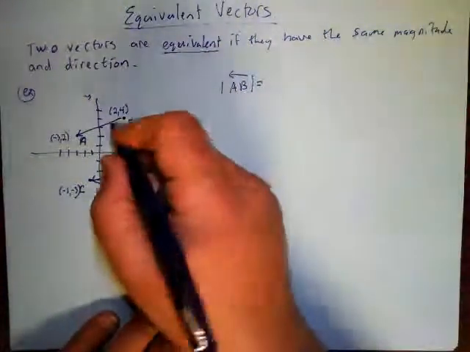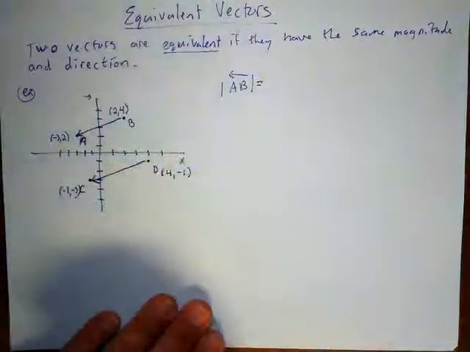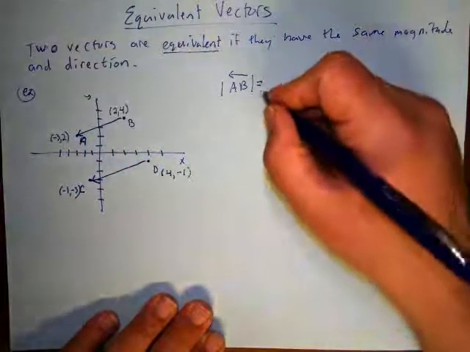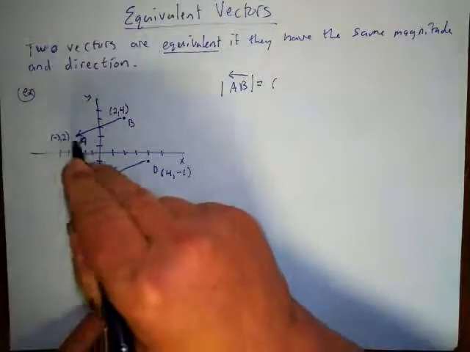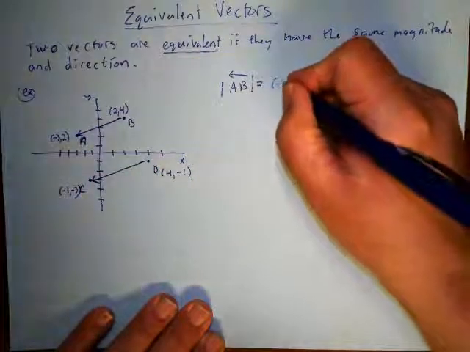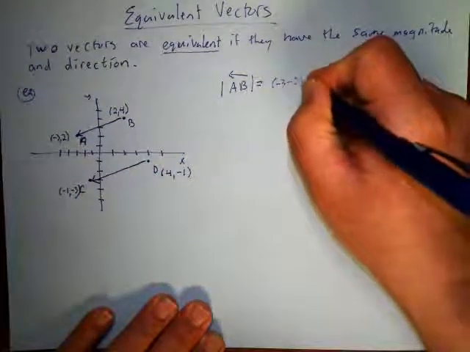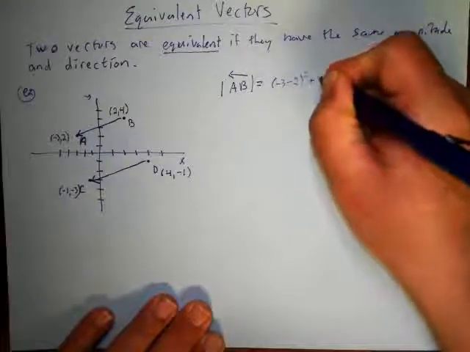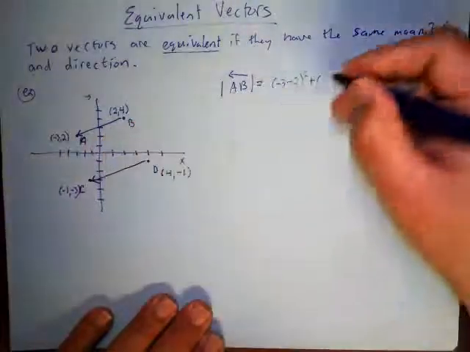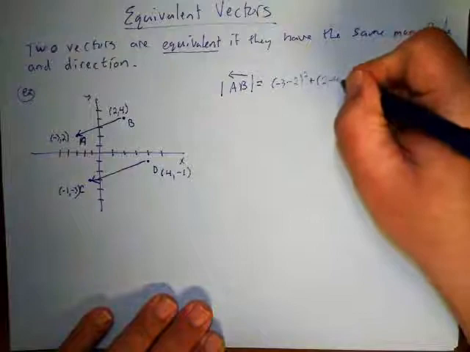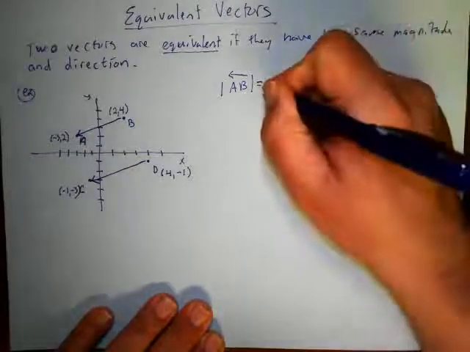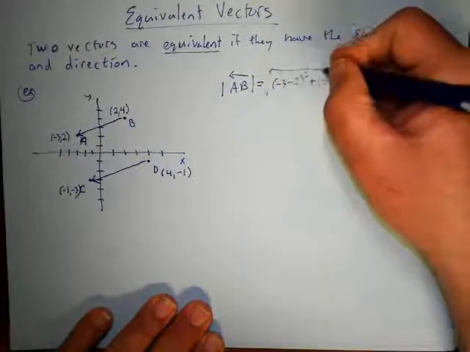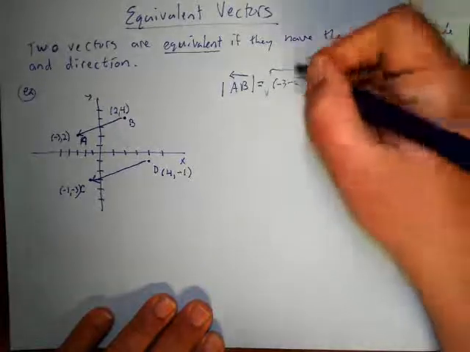Now we're going to use the distance formula between these two ordered pairs. The difference in the x values is -3 minus 2, that quantity squared, and then the difference in the y values, 2 minus 4, that quantity squared. Then you take the square root of this.